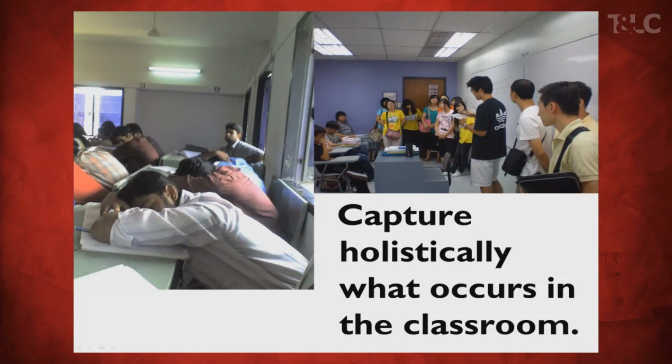I try to capture holistically what occurs in the classroom, and by that I mean I literally bring in a legal yellow tablet or something the equivalent, and I take notes as though I'm a student, as detailed as I could possibly make them. But then in the margins, I'll make notes to myself, like students seemed confused, and I know exactly at the point.